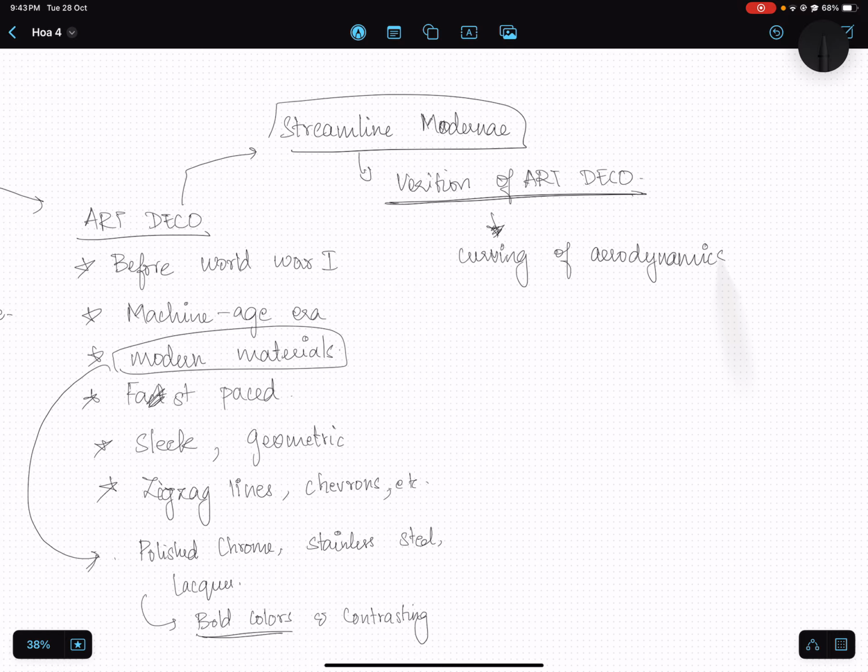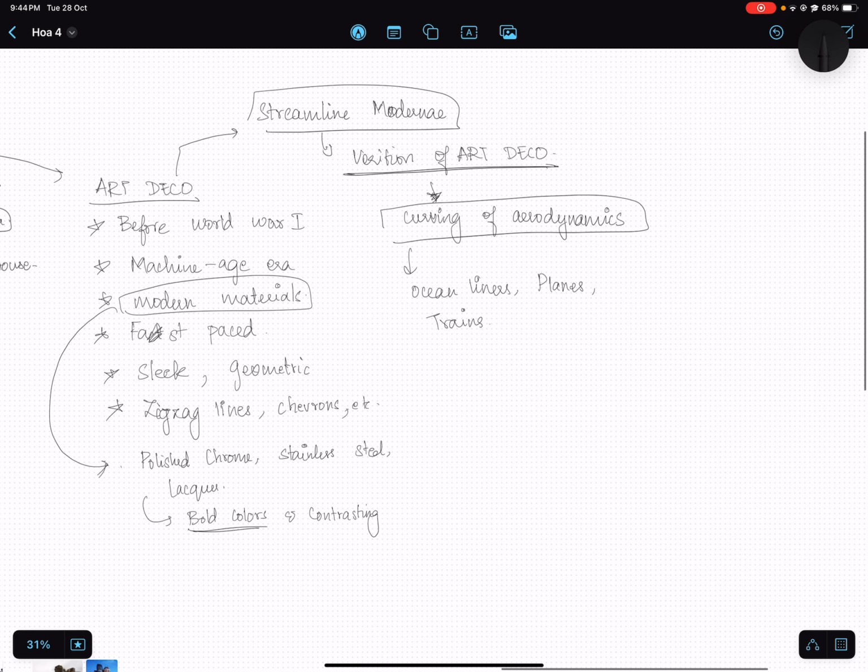So this was used to design a lot of ocean liners, airplanes and trains, etc. Now, due to the Great Depression and a lot of criticism from modern architects for the use of decorations, Art Deco slowly declined.